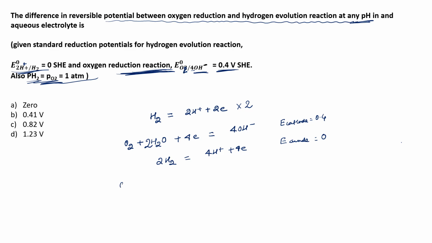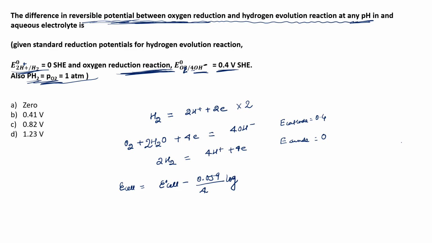Fine. So we know E of cell, right? Here it is asking for the reversible potential, not just the equilibrium potential. So you will have to use E cell is equal to E naught cell minus 0.059 by n. What is the number of electrons? So here it is 4, log.